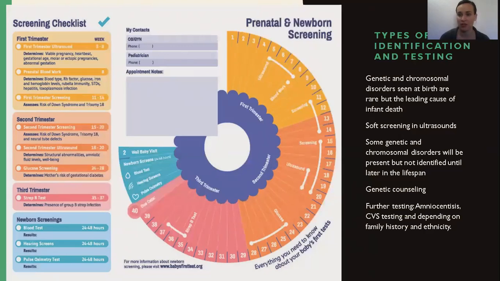I think that's why this is so important: we can make sure the child is getting the adequate medical care they need before they're born, at the moment they're born, and after they're born, so that they have optimal physical, emotional, and cognitive development over their entire lifespan, which starts even before they're born.